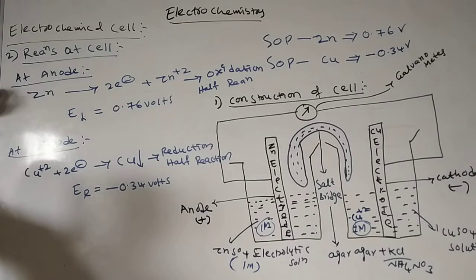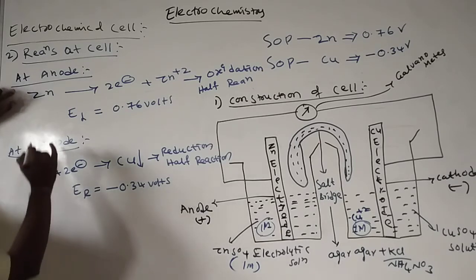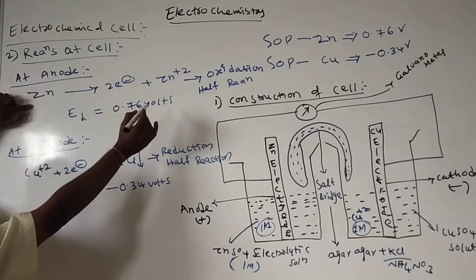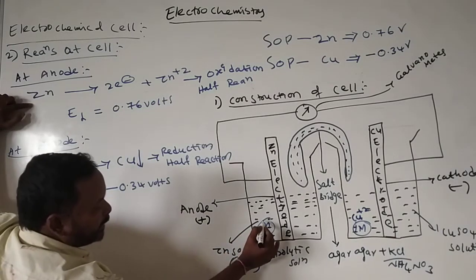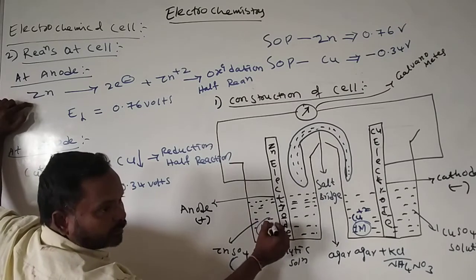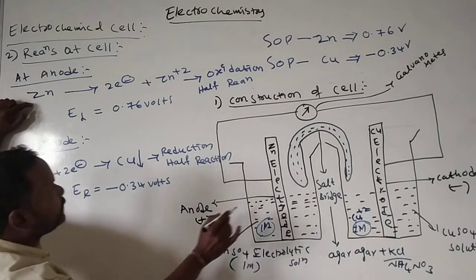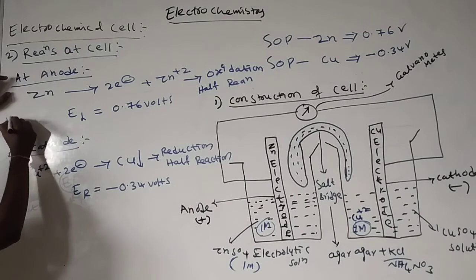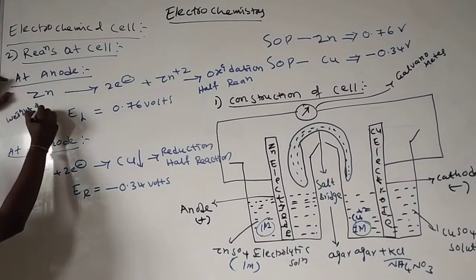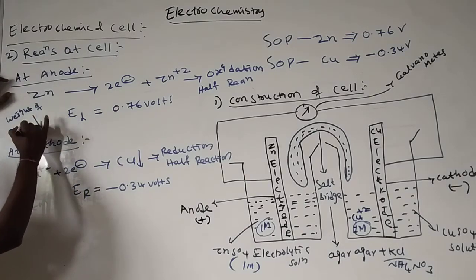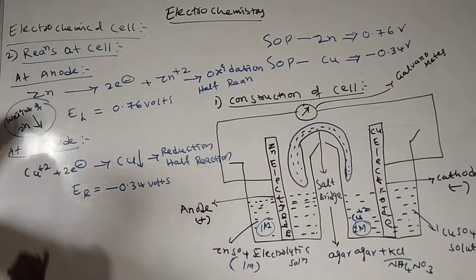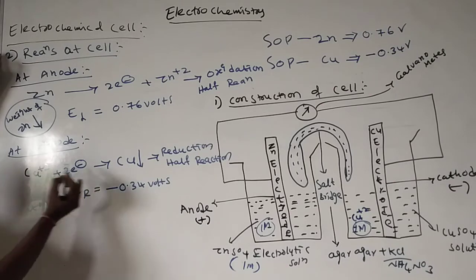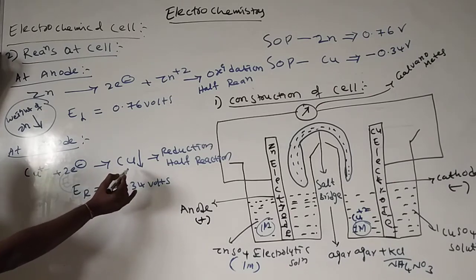0.34 volts. And here one more thing. Zinc loses the electrons and converts into zinc plus 2. These zinc plus 2 ions mix with the solution. That means the weight of the zinc electrode decreases. After the reduction, all the Cu plus 2 ions get deposited at the copper electrode.